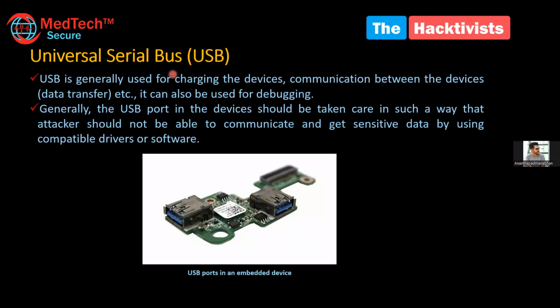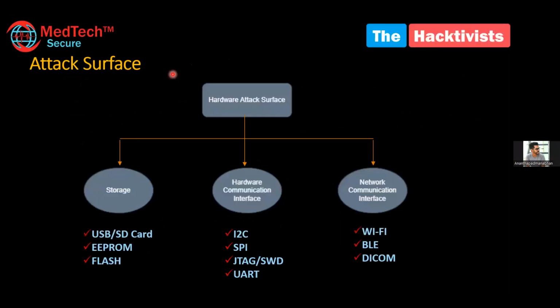So USB is also one of the major hardware components from the IoT security perspective. Those were some of the common and very basic components we should be aware of about IoT devices and IoT device security.